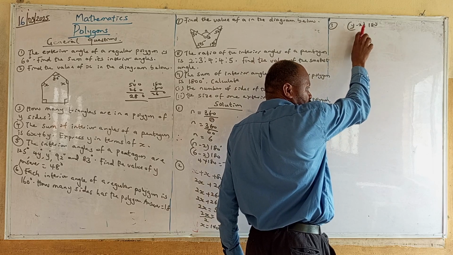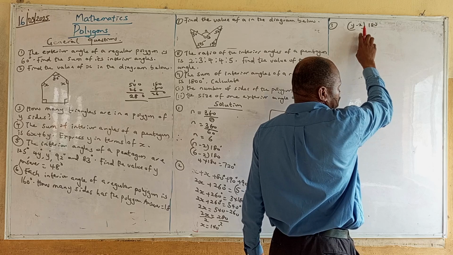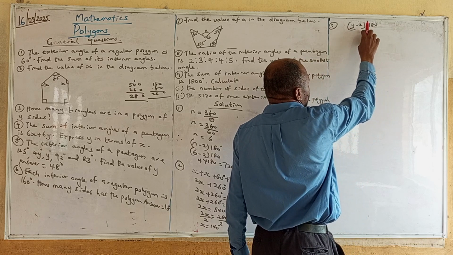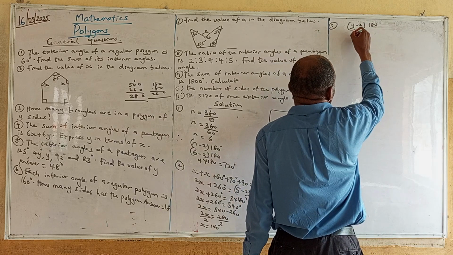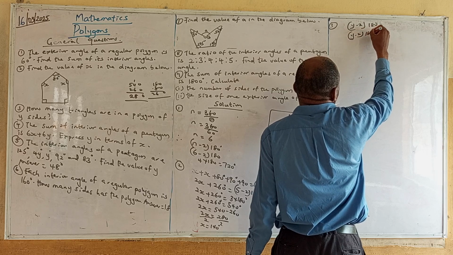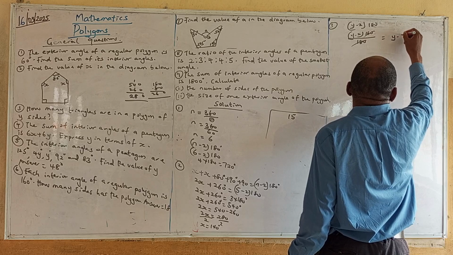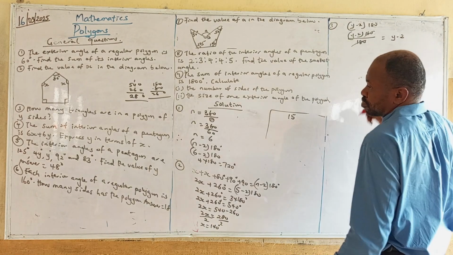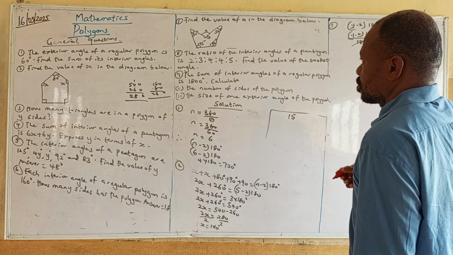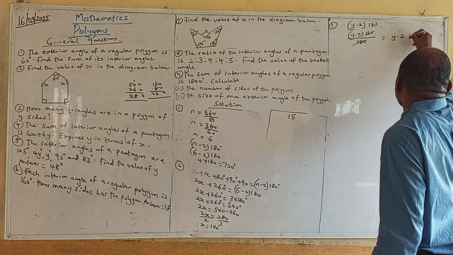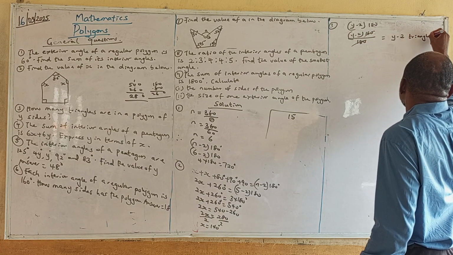Of course, the sum of all the angles in the triangle is 180. That means I have to divide this by 180. So I have (y minus 2) times 180 divided by 180. So the answer here is y minus 2 triangles.